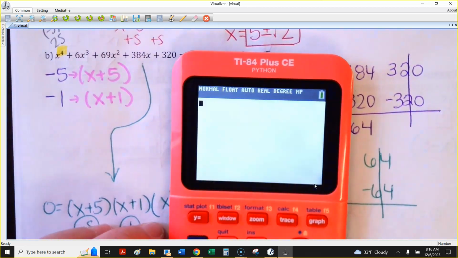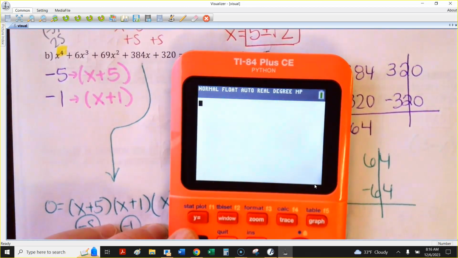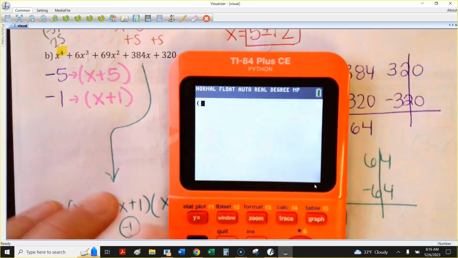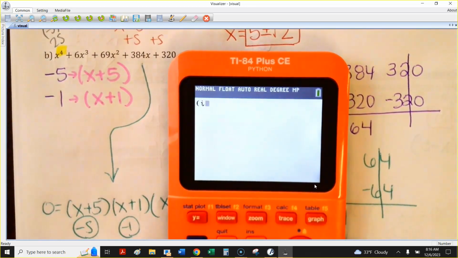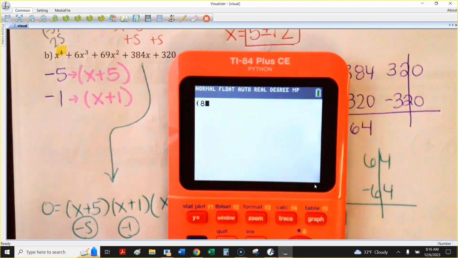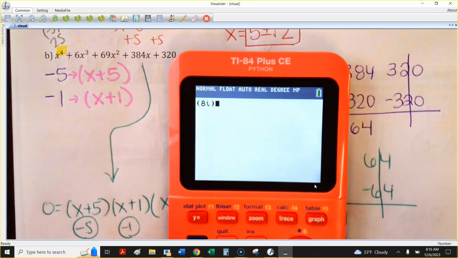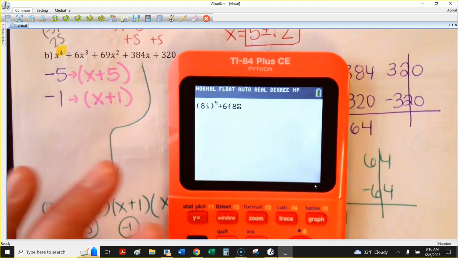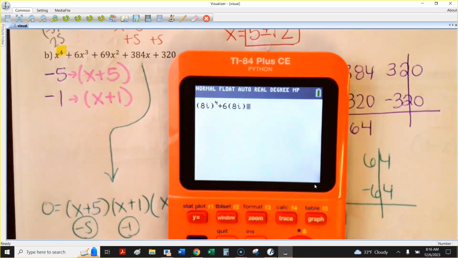See if I can make that a little darker so you can read it. I'm just using second and then the decimal key. I'm going to plug in 8i everywhere I see an x, just to show you. This would be to the 4th, and it'd be 6. I'm putting in 8i. Just hit second, the decimal place, to get the i on your calculator.